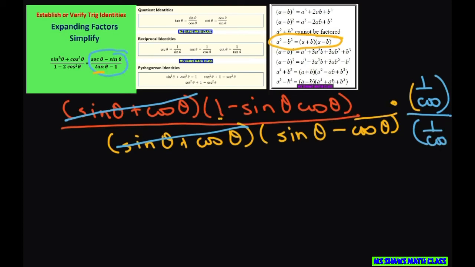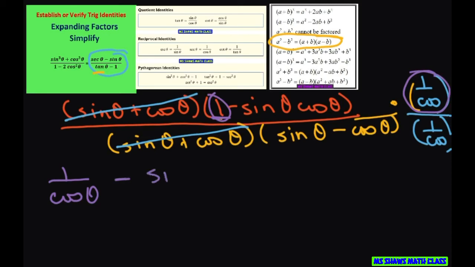We're going to have to force this to make it work. So basically what we're doing is we're saying 1 divided by cosine of theta. So I'm just multiplying this by the 1.